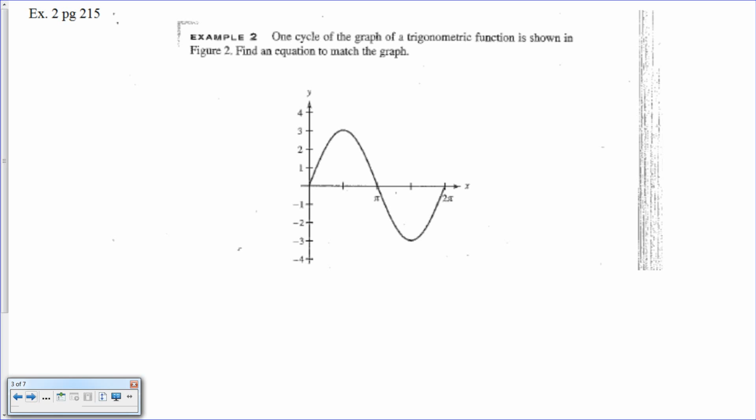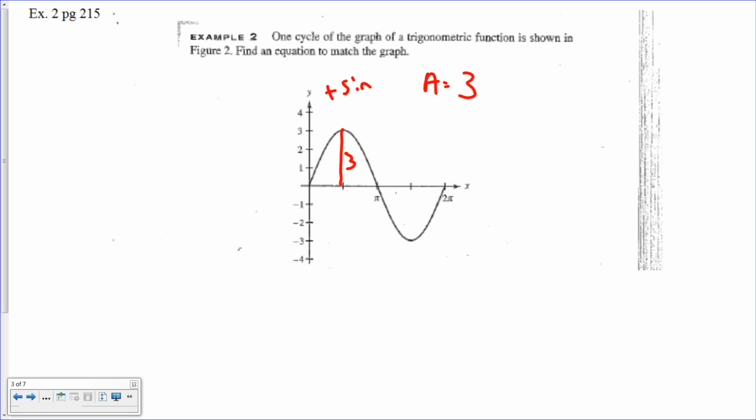Now, when I look at this, I see it goes from 0 to 2 pi. That's one cycle. That's the same. The only thing different is that it goes up to 3 and down to 3. So my A is equal to 3. I'm dealing with a positive sine because it starts in the middle and goes up.